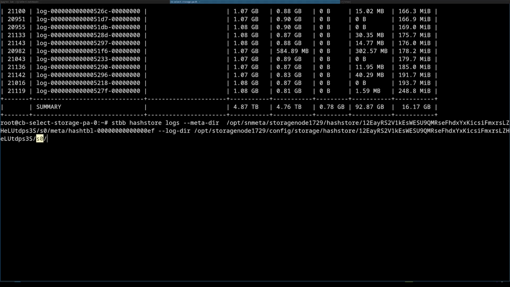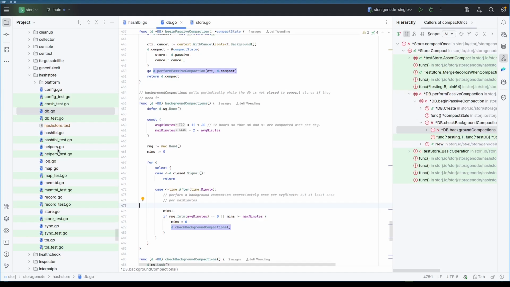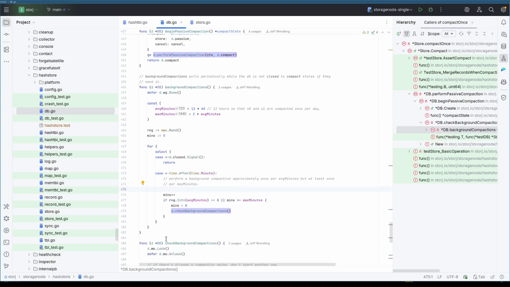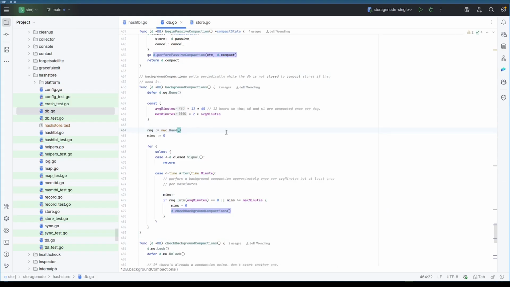So let's talk about the compaction. One important thing is that the time of the compaction is not really configurable. There is some logic and it defines that the compaction will happen with high probability once per day.